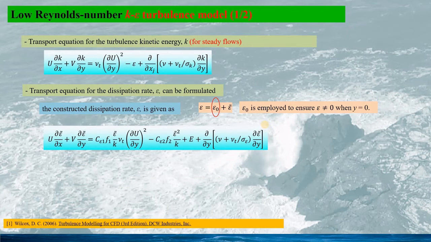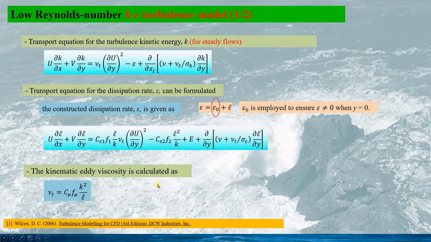And the transport equation for solving the dissipation rate epsilon tilde is given as this. And the kinematic eddy viscosity is calculated by this formula. So from the transport equation for the dissipation rate and the eddy viscosity formulation, we can see the functions F1, F2, and F mu, as well as the additional term E for the low Reynolds number K-epsilon model.